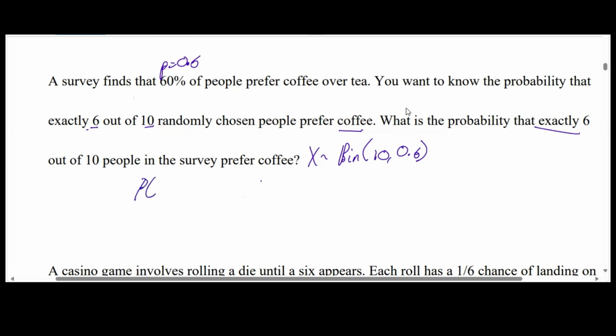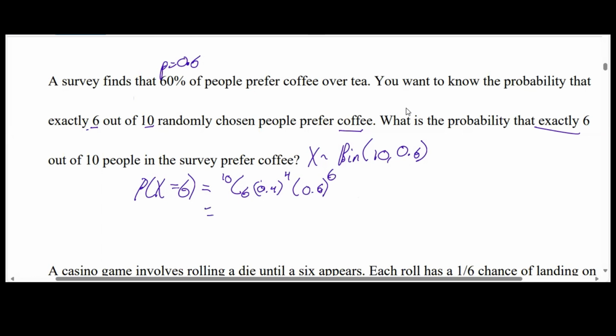So the probability X equals 6 is equal to 10 C6, times 0.6 to the power of X, times q, which in this case will be 0.4, since it adds up to 1, to the power of n minus X, so 4.